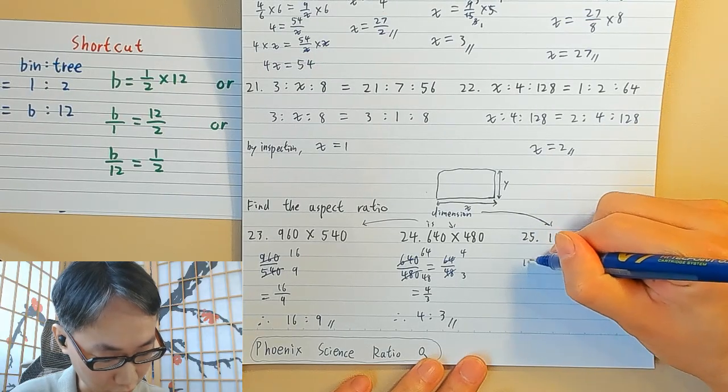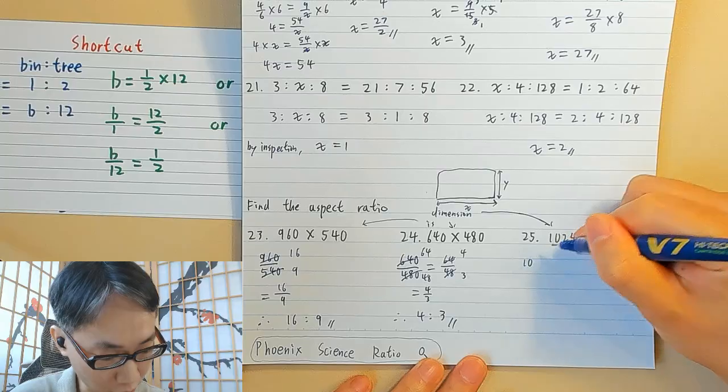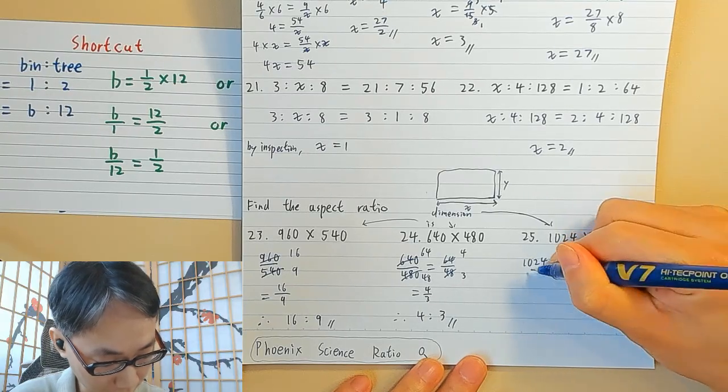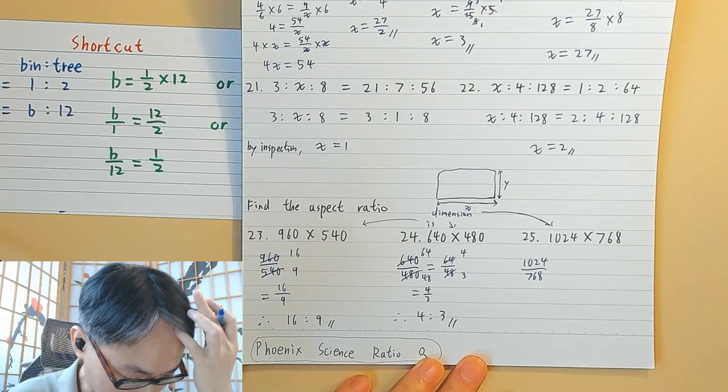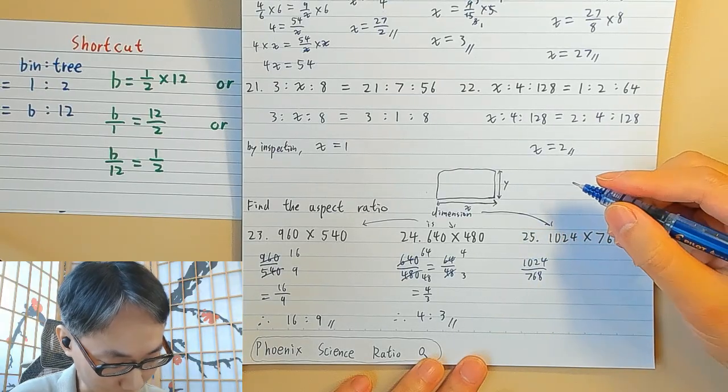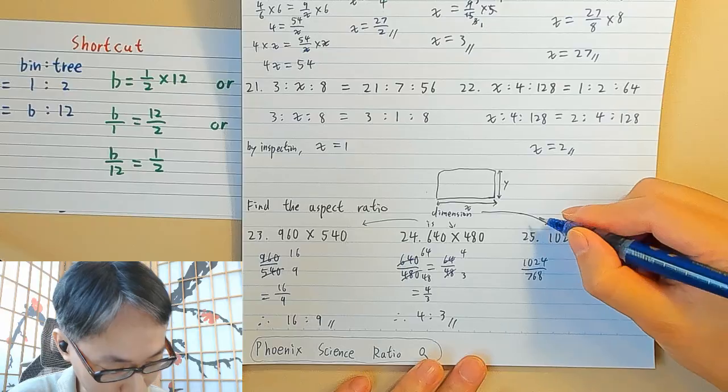So let's use a fraction to find the aspect ratio of this dimension. Well, this is a tough one. Let's do it bit by bit. Let's use 4 first.